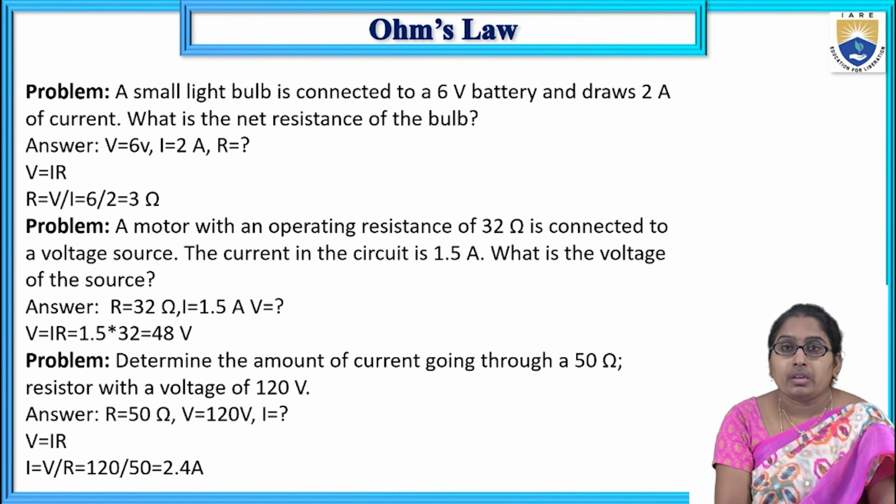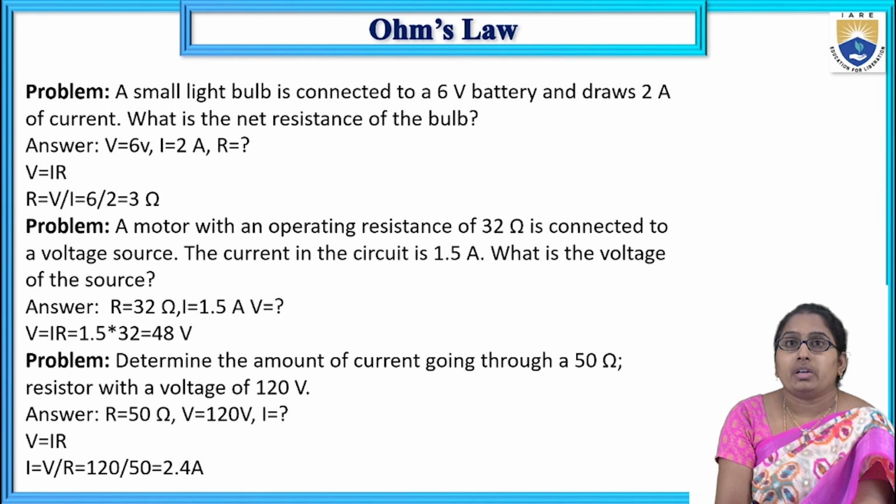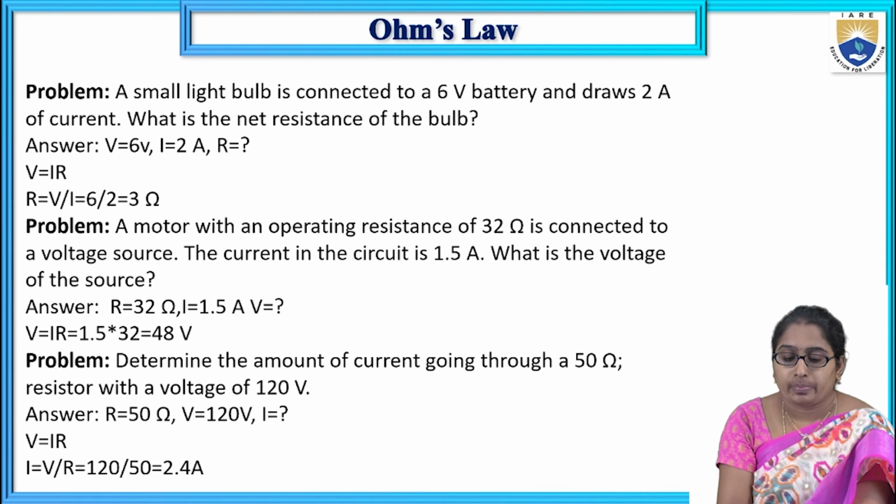Now there are a few example problems based on Ohm's law. The first problem: a small light bulb is connected to a 6 volts battery and draws 2 amperes of current. What is the resistance of the bulb?